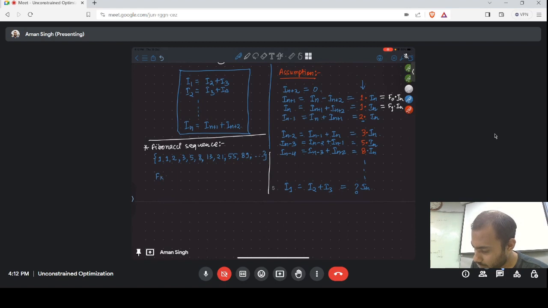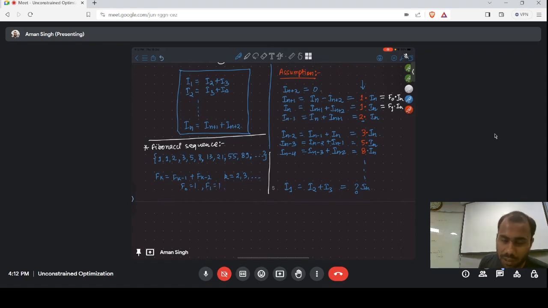Where fk is equal to fk minus 1 plus fk minus 2 for k equal to 2, 3, and so on, and f0 is equal to 1, f1 is equal to 1. So f naught and f1 are given as 1 and 1, and for all k greater than or equal to 2 this formula fk equals fk minus 1 plus fk minus 2 is used.